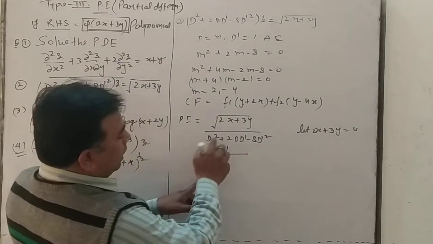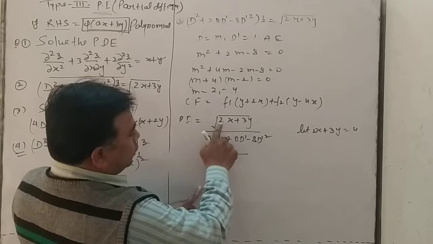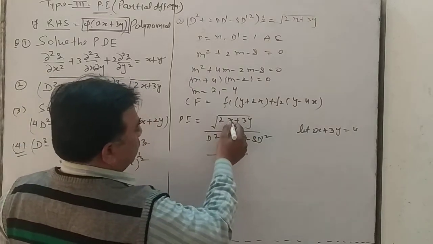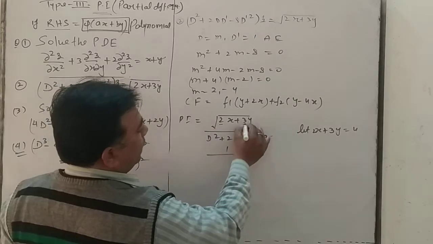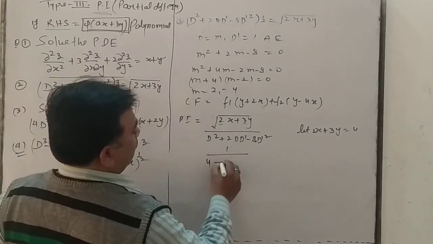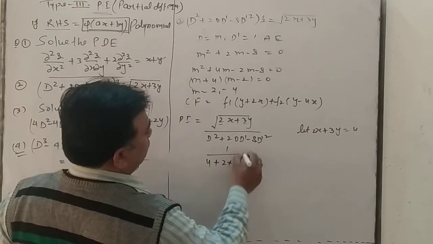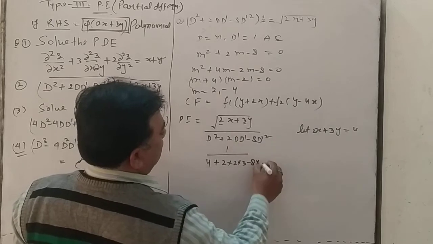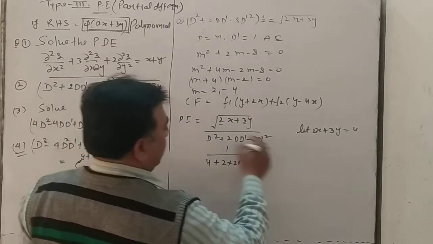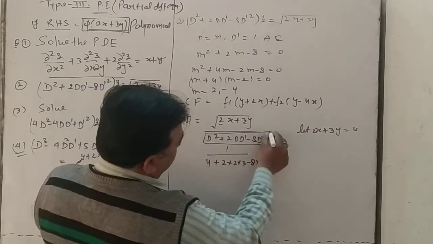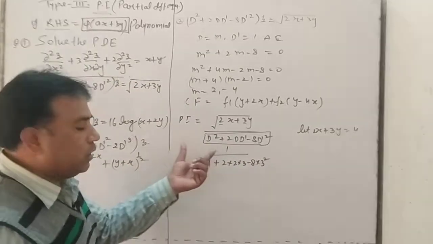Putting the x coefficient in place of D and the y coefficient in place of D dash, the x coefficient is 2 and the y coefficient is 3. Putting in place of D: 4 plus 2 into 2 into 3 minus 8 into square of 3. And this is a second order partial differential equation.